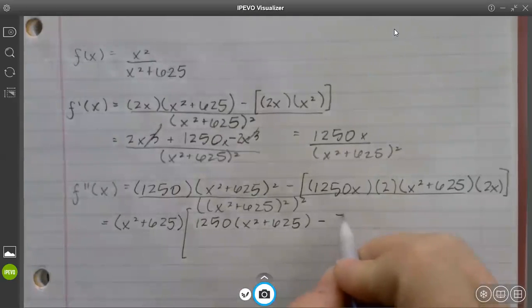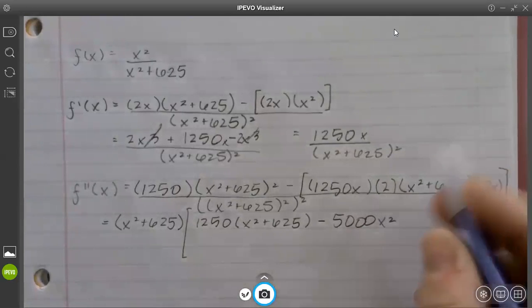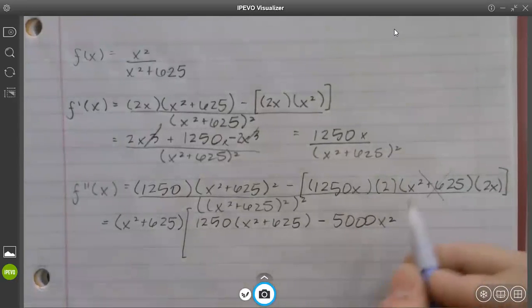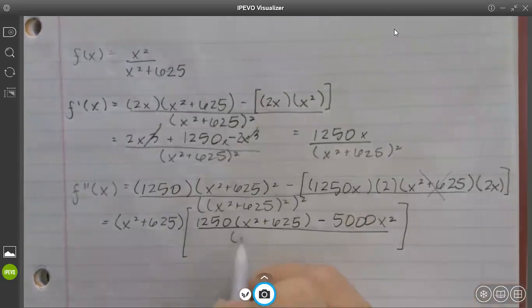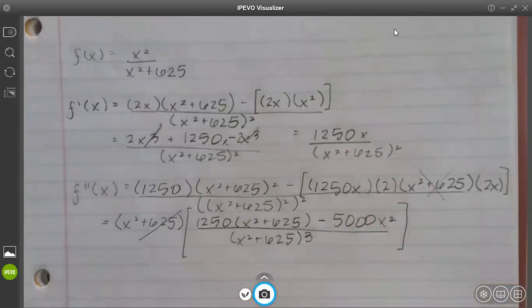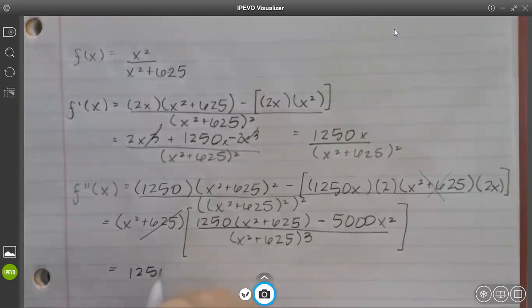Yes, 5,000 x squared. And then this is going to go away, over x squared plus 625. And I took one of them away, so it was 4, I took one away, it's 3. On the top, I have 1250x squared.